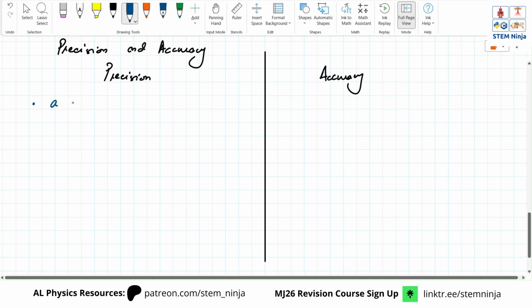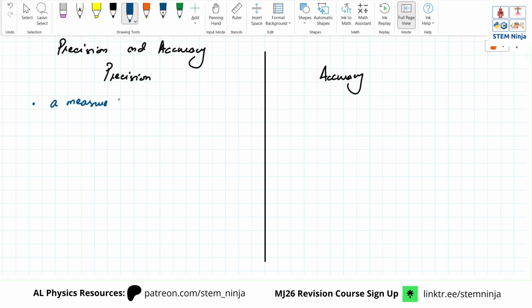So, a measure of how closely the individual measurements agree with each other.